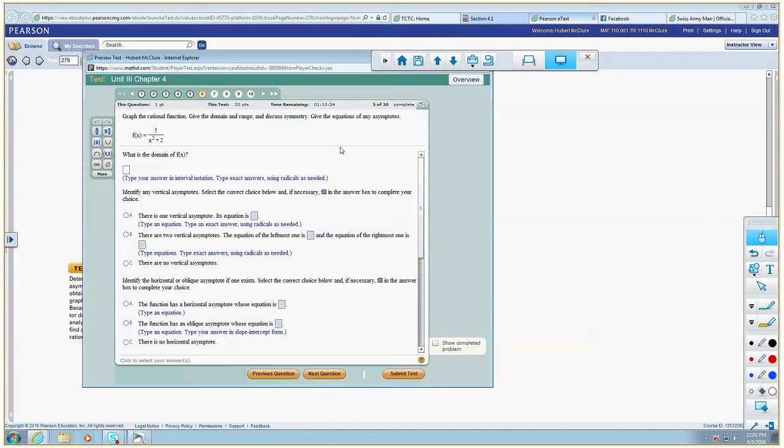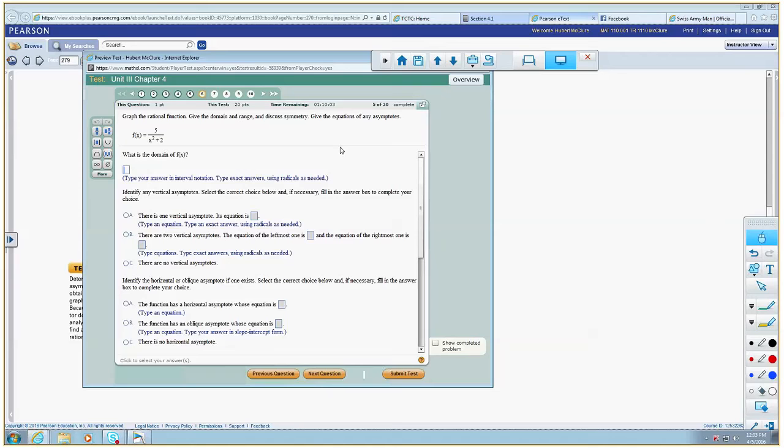So what numbers can I not use in the bottom? You're supposed to be telling me an answer. I can use anything I want. Why? Square. What about the square? What does it do?